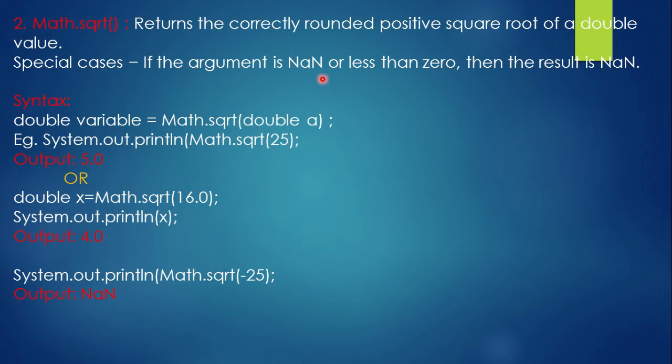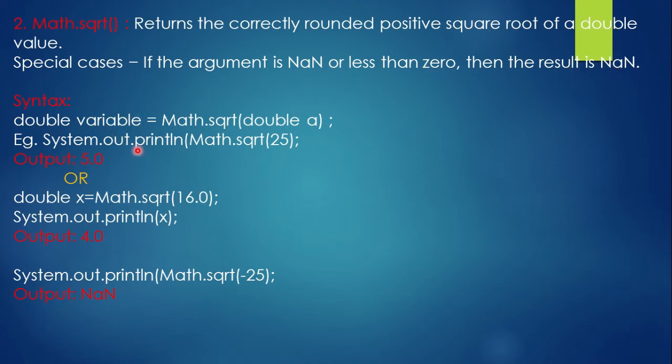If the argument is NaN, that means not a number, or less than 0, meaning negative numbers, then the result will be NaN, not a number. This will be returned if you give a negative number, or any argument which is not a number. So please note, this is very important.